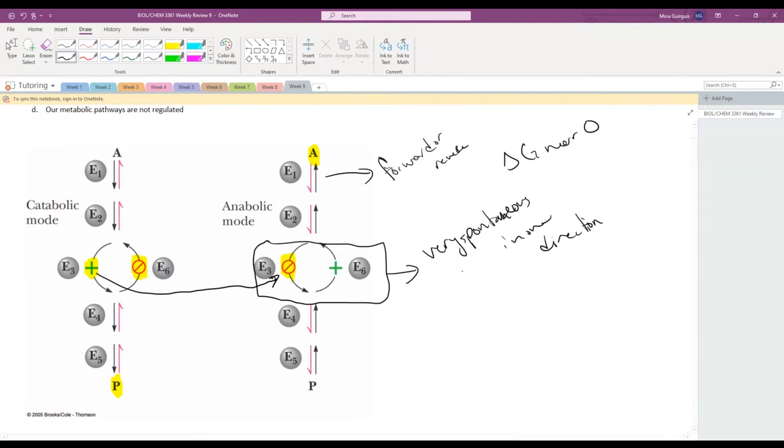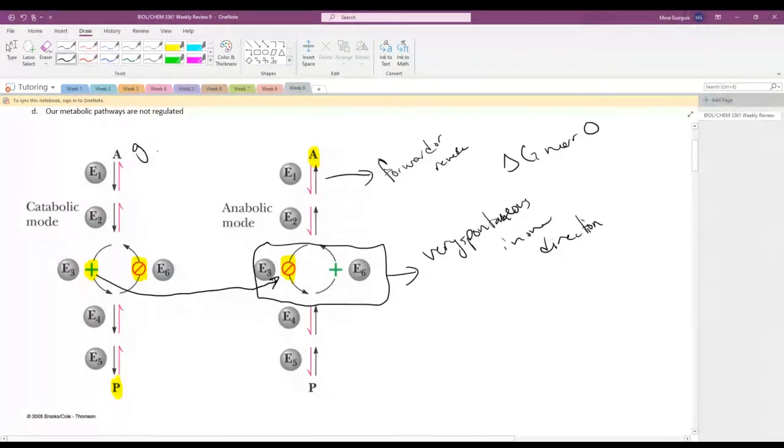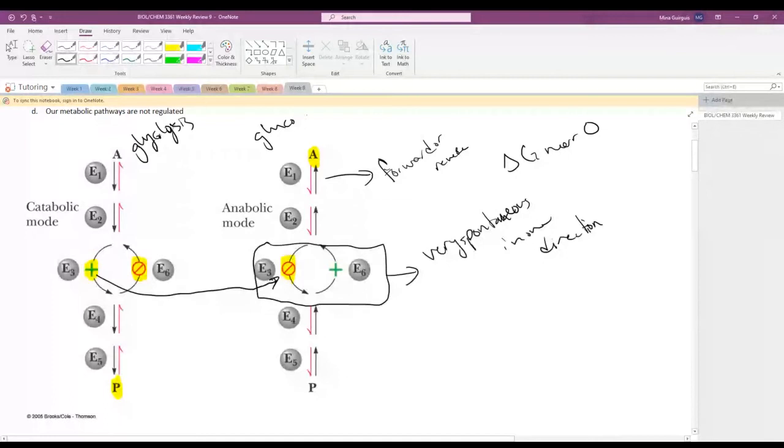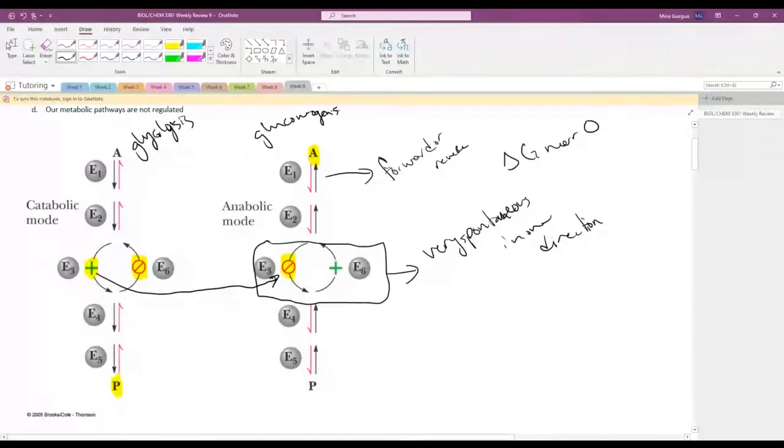So that is one of the biggest topics that we're going to be discussing over the next several weeks and really through the end of the semester. The idea that glycolysis and gluconeogenesis follow the same idea. In fact, I believe they have 7 enzymes in common.